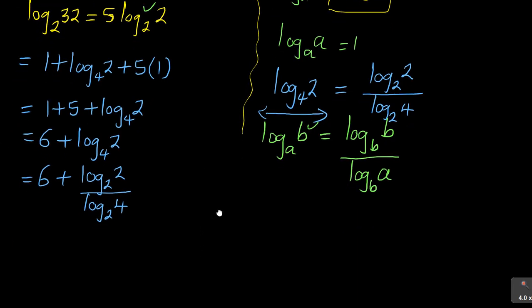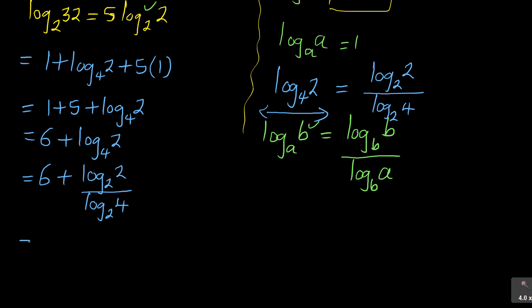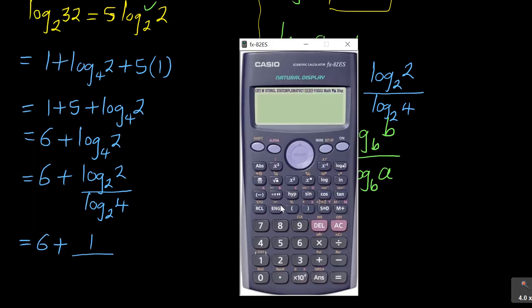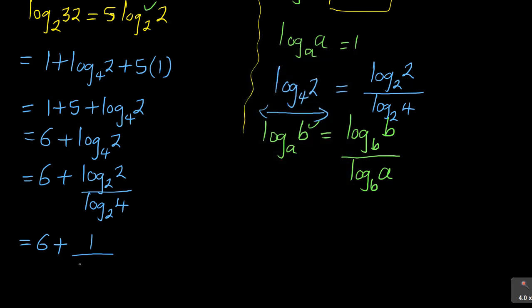I think you can see where it's going. Now it becomes 6 plus, since log base 2 of 2 is 1, 1 over log base 2 of 4. Remember, 4 is the same as 2 squared, since 2 to the power of 2 is 4. So this will be 1 over log base 2 of 2 squared.